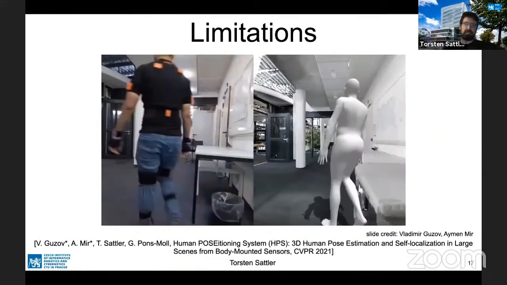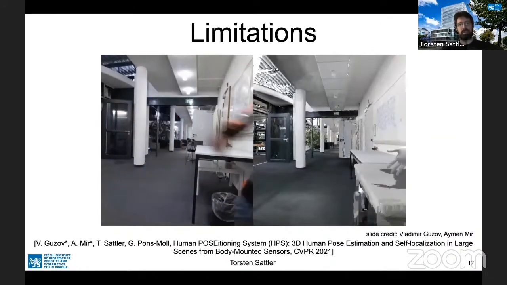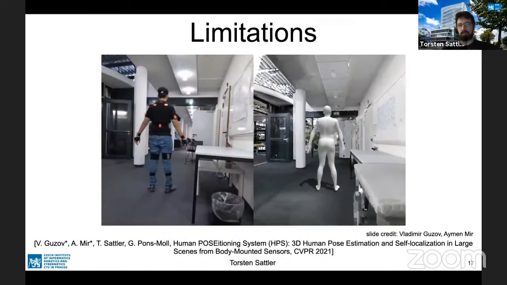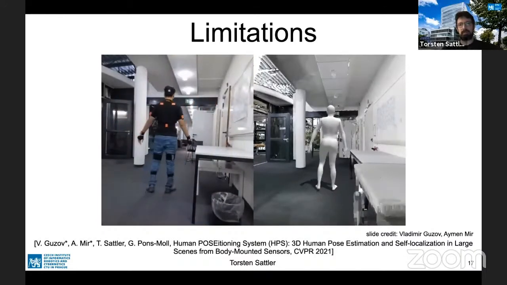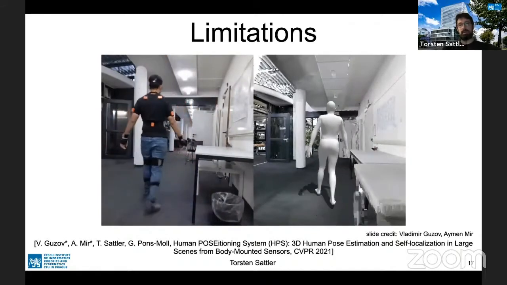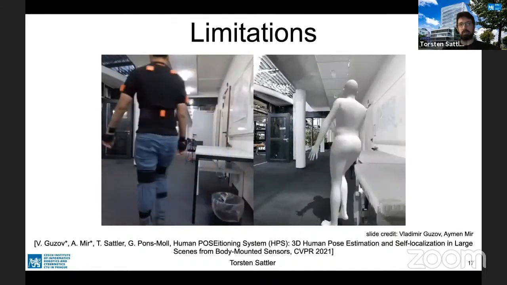Here's, from my perspective, a more interesting example where the human actually seems to be walking through some table. But what happens is that the table was there when we scanned the scene, but it was not there anymore when we were actually capturing the motion.